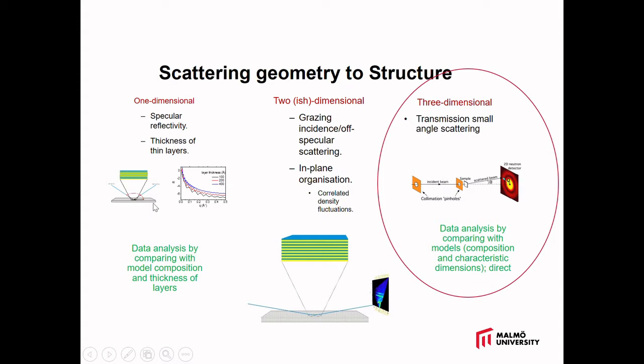So in the case of specular reflectivity, the sample is a thin, flat film, and quite often that's something deposited on a solid substrate or a support.